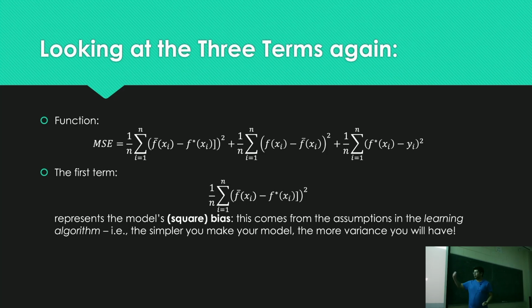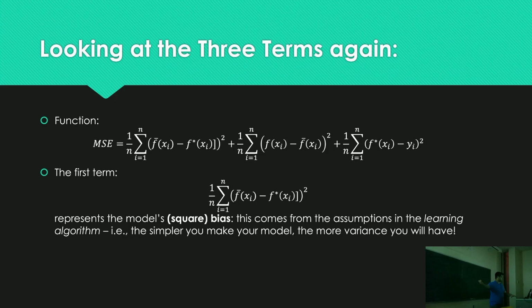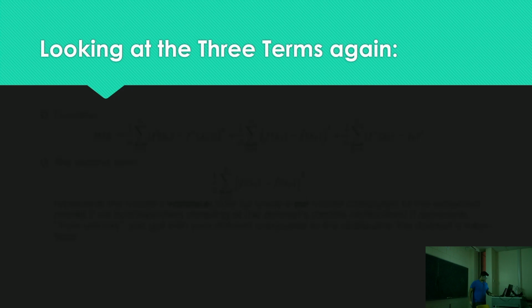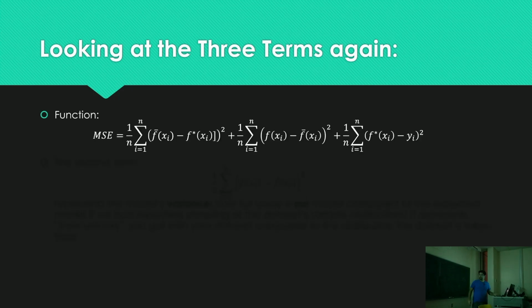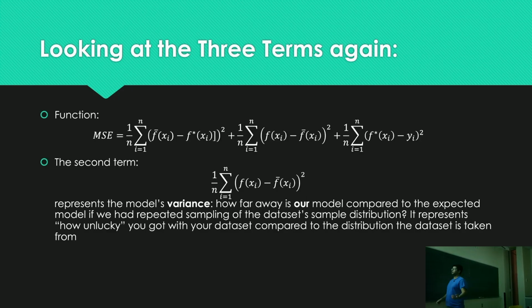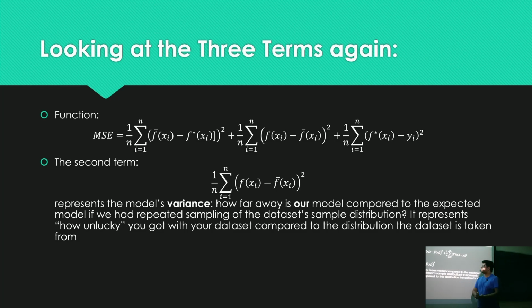So the assumptions will correlate to this bias term, or this squared bias term. The second term is the discrepancy between the calculated outputs from the function you learn and the function from the expectation across the entire data set, the underlying distribution. That difference is actually variance. So you have a bunch of different functions that it could have been.